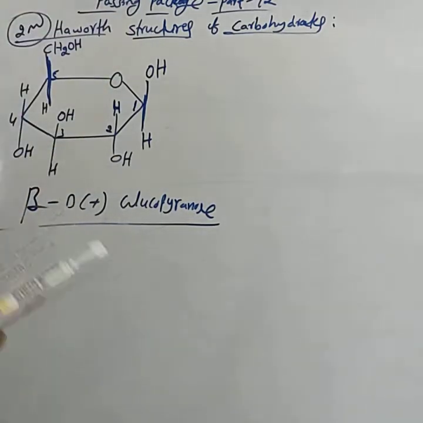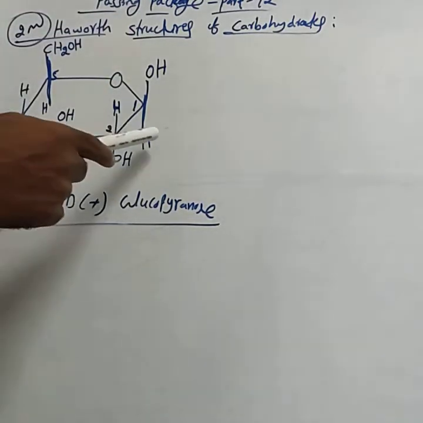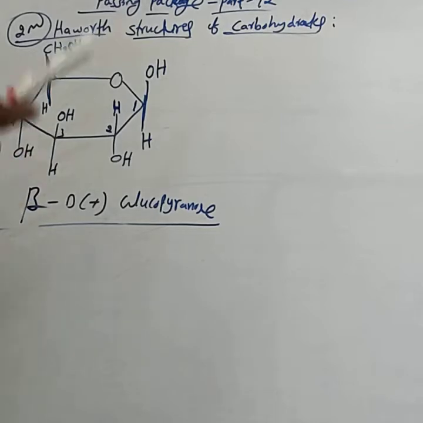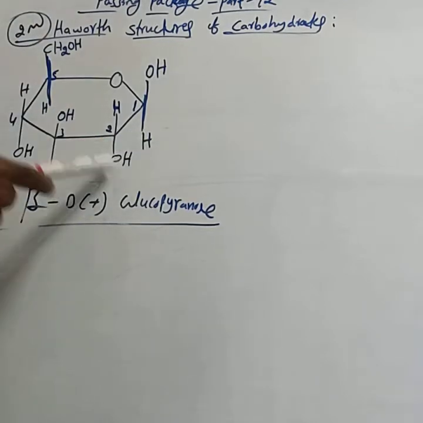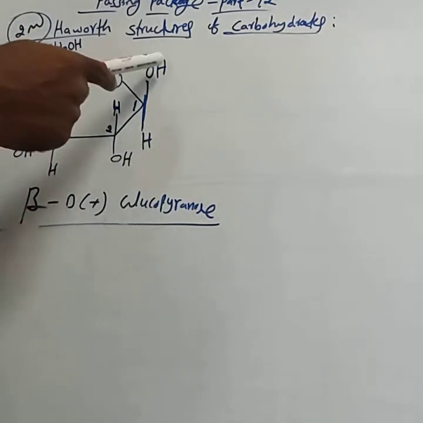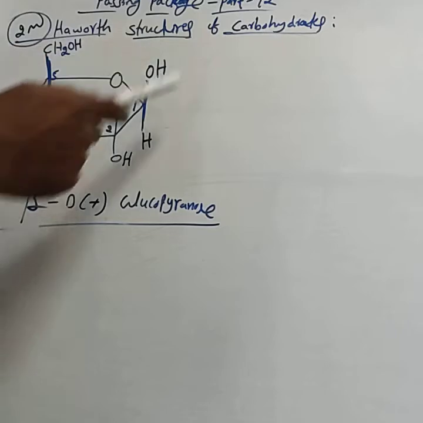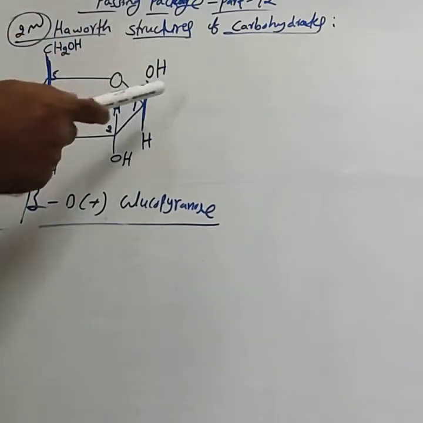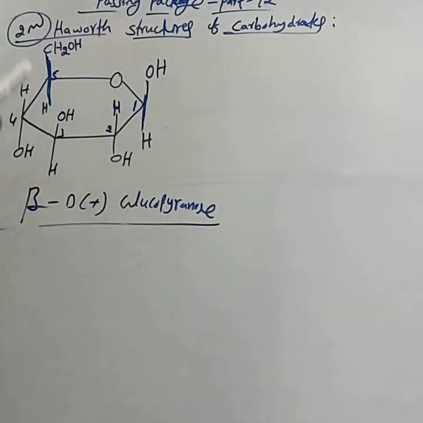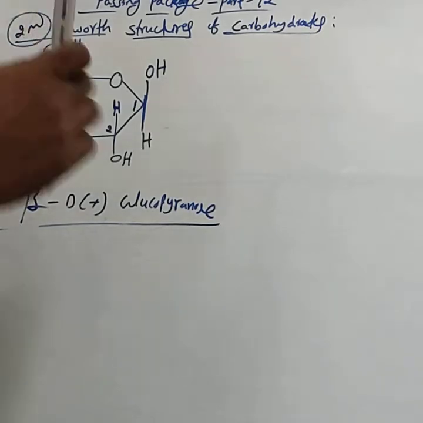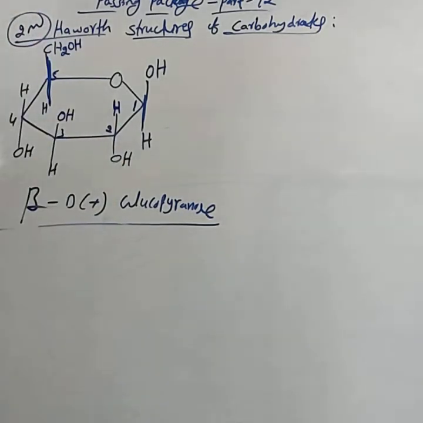For alpha, it is KK make K. For the beta position, it is of make K. I think all students can understand this code word, and you can write the structure of the glucose molecule. This is about the alpha D plus glucopyranose.